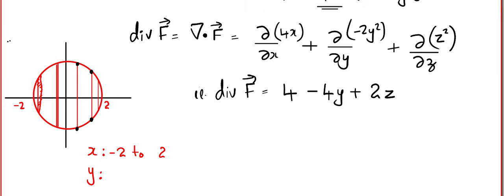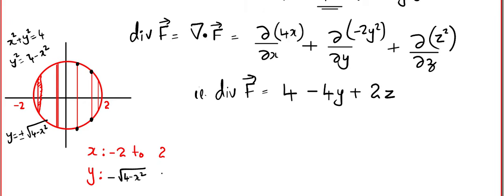The equation of the circle is x squared plus y squared equals 4, so y squared is 4 minus x squared, and y is plus or minus root of 4 minus x squared. So y is controlled from minus root of 4 minus x squared to the upper limit root of 4 minus x squared. That settles the circle.